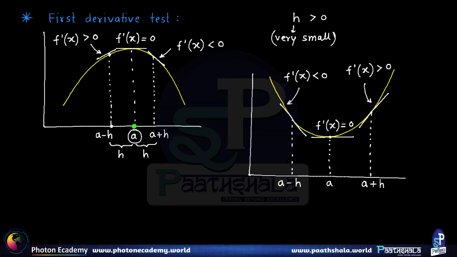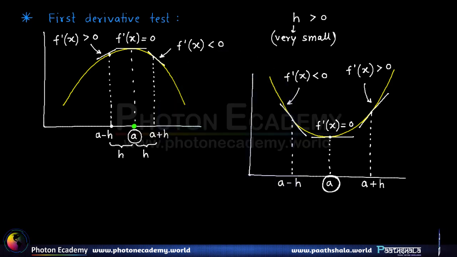So if the slope of the tangent to the left is negative whereas the slope of the tangent to the right is positive, that means the point where the slope of the tangent is 0 must be the point of minimum. That is a way to differentiate between the point of maximum and minimum using the first derivative test.